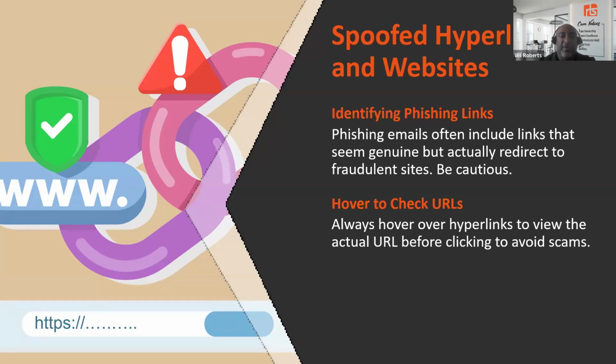So just hover over it and make sure that the link is actually going to the website that it's saying it's going to. Yeah, and the other thing we talked about is being skeptical of the link. I know we're using Amazon as an example; we order things for the office through Amazon.